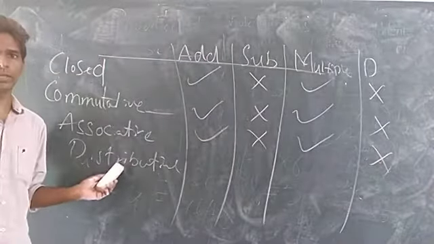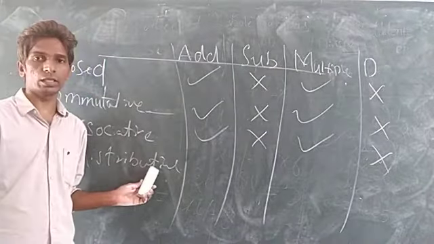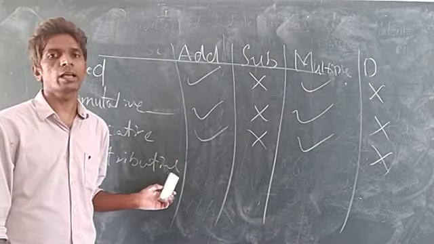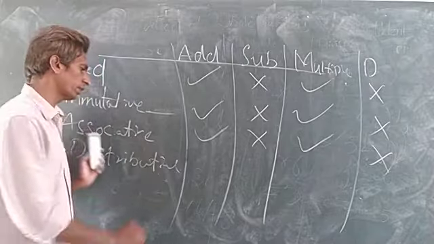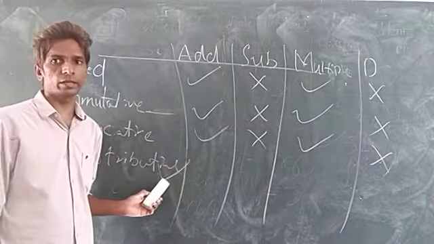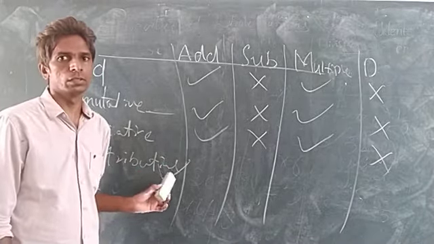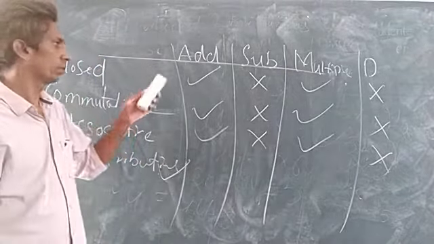In distribution, only one is given, the distribution property of multiplication under addition, and that satisfies the condition. Next class we will see the next topic.